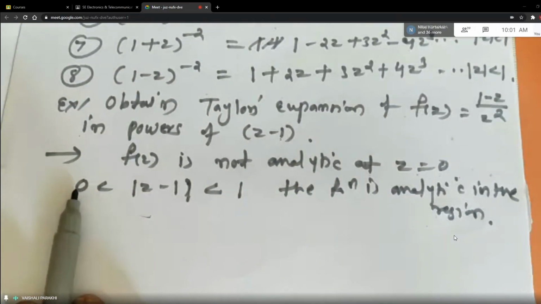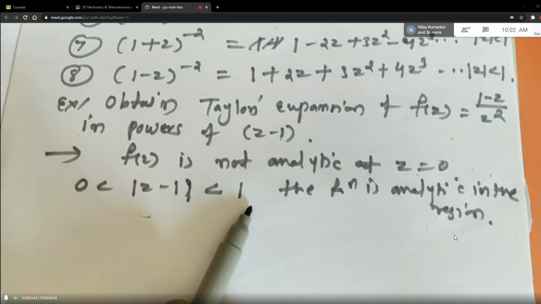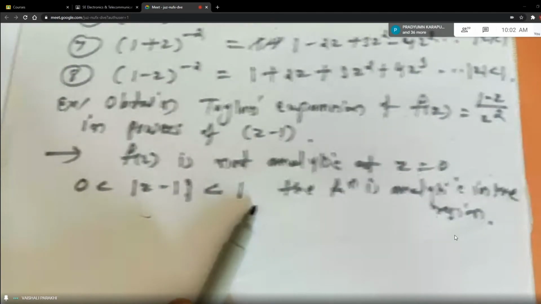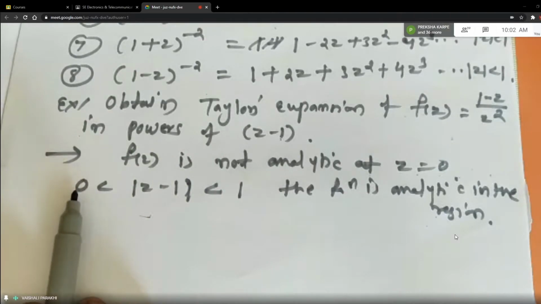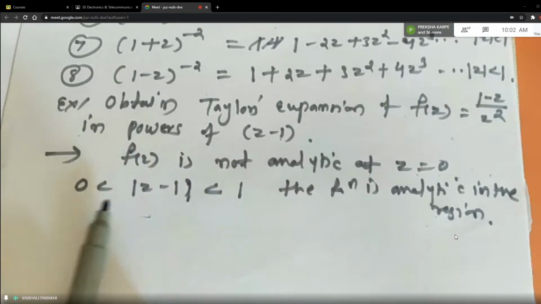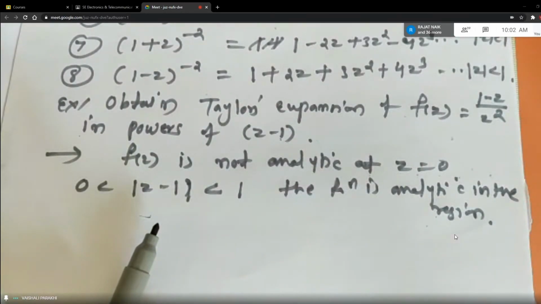So z will be in between plus 1 and plus 1, so it will be in between 0 to 2. So always the region will be in between 0 to 1. Okay. Now, if you are taking this region, how you are going to consider the next step?